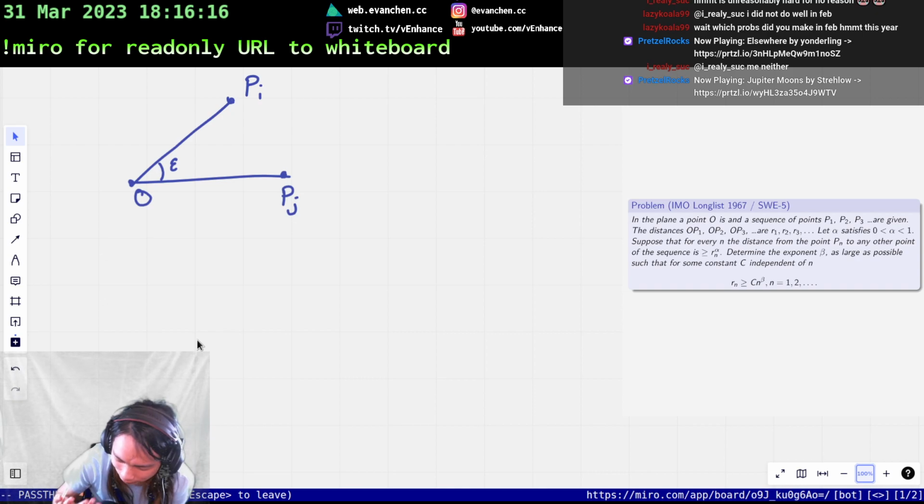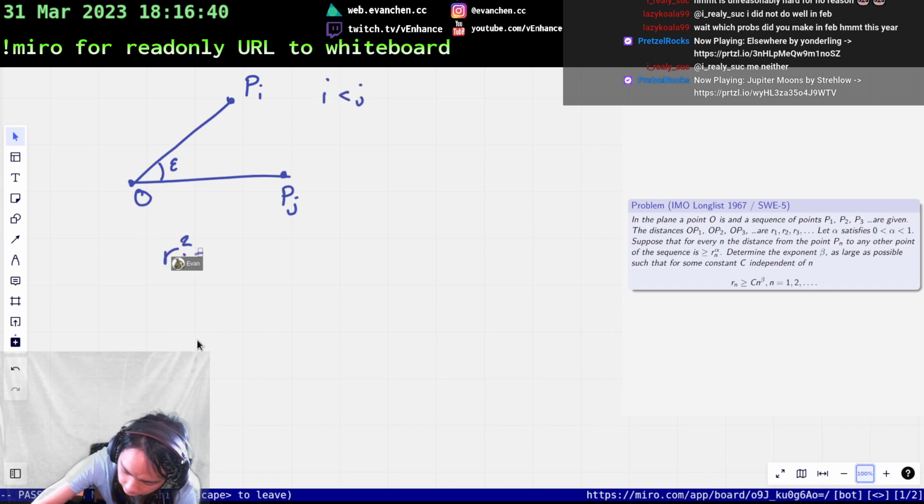I'm not going to make these precise quite yet, but if you have a lot of points, eventually you will have two that are pretty close in angle. Let me be concrete. If you take any 360 points, by pigeonhole principle two of them will be within 1 degree of each other. So we are told that, let's say i is less than j, r_i squared plus r_j squared minus 2 r_i r_j cos epsilon.